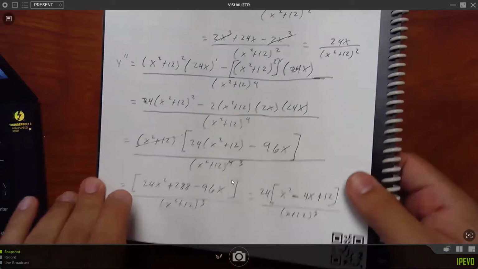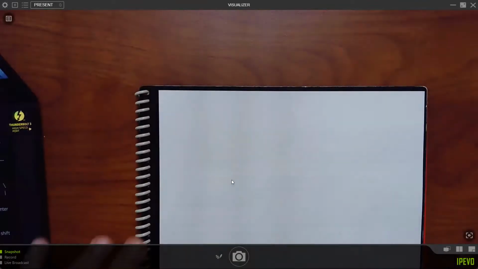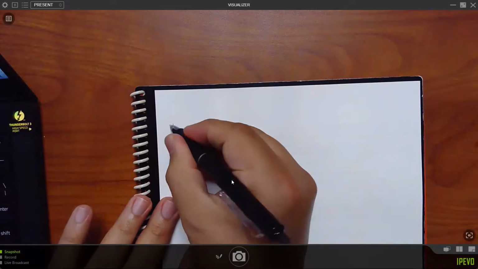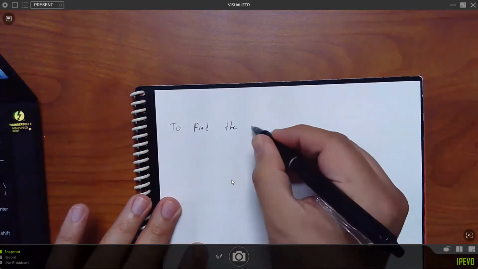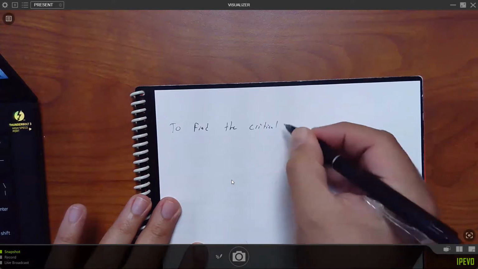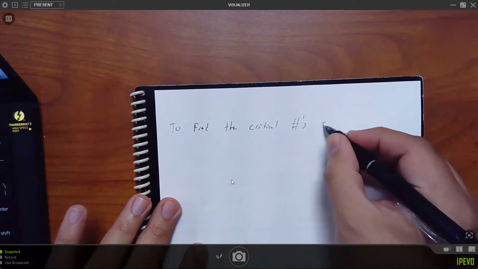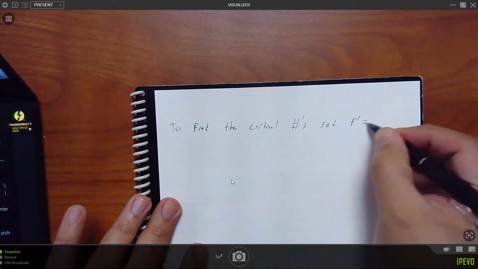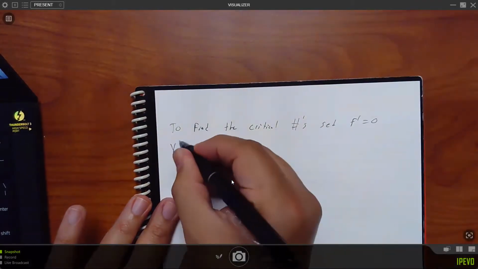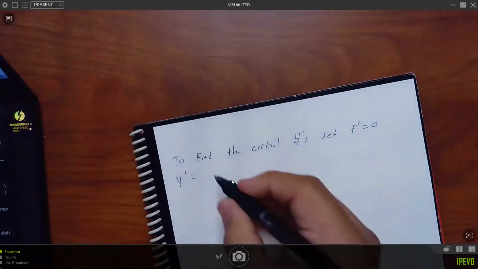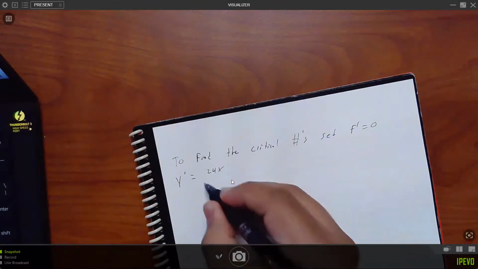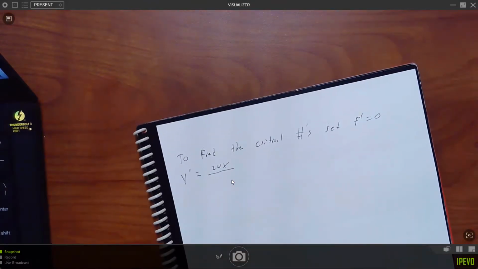Okay, turn the page. Let's start finding the critical numbers. I'm gonna write you some notes in case you forgot. To find the critical numbers, set the derivative equal to 0. So we have x over (x squared plus 12) squared.